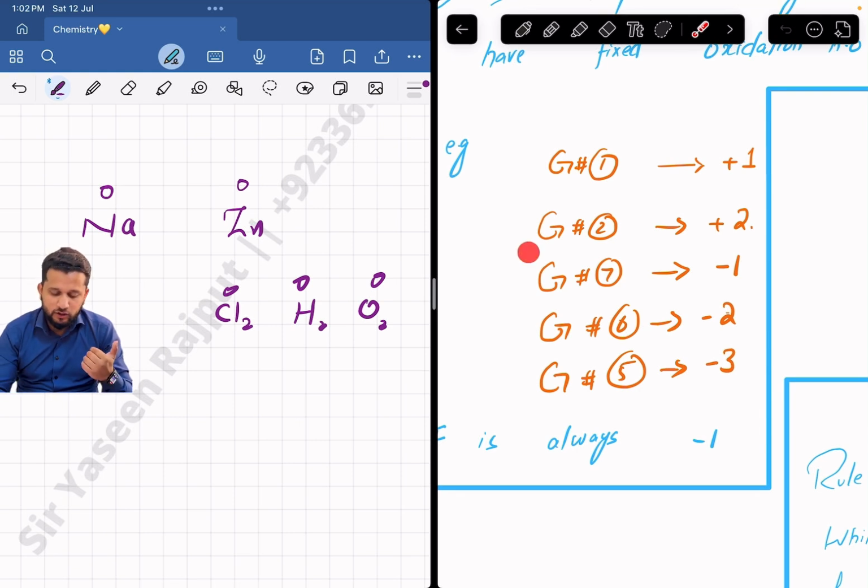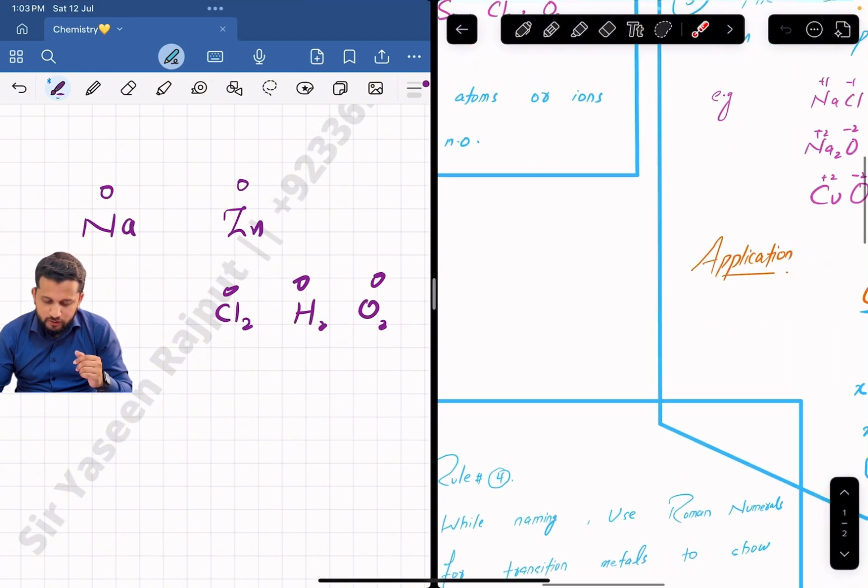So we can say that all group 2 elements have +2 charge. And if you talk about group 7, they all have -1 charge. Why? Because they have 7 electrons in their outermost shell, so they can gain only 1 electron in order to follow the octet rule. Clear?